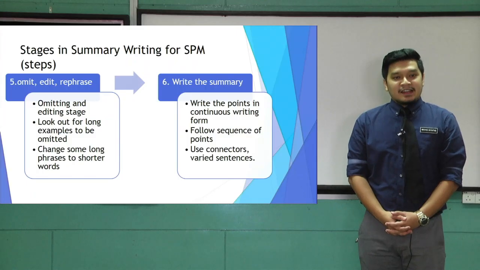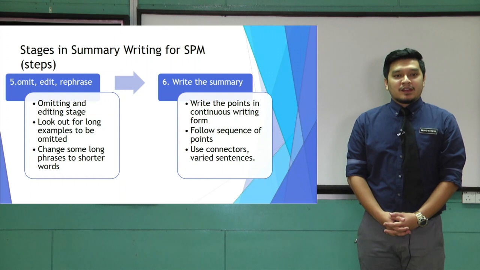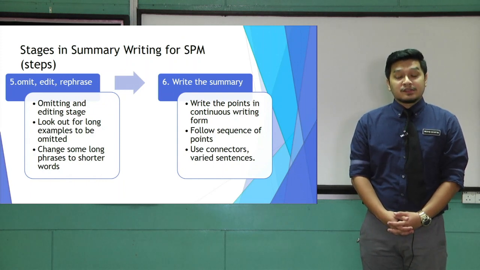So the next step in the stages of summary writing for SPM is step 5, omit, edit and rephrase. Omitting and editing stage is very crucial in order to make sure that you don't exceed the word limit. So what happens in omitting and editing stage is you have to look out for long examples to be omitted.